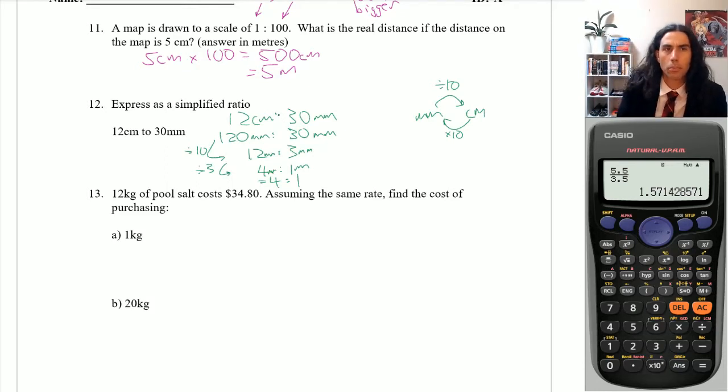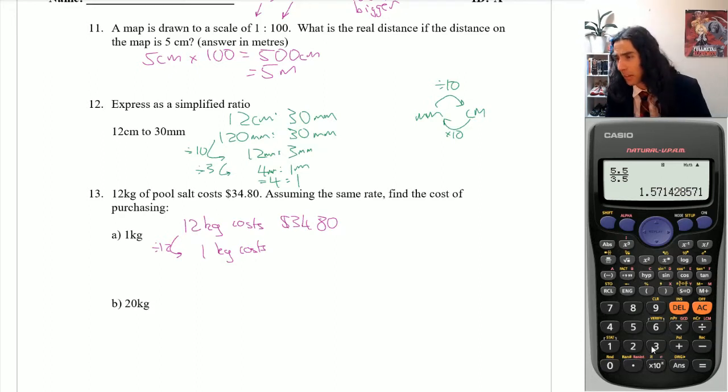12 kilograms of pool salt. Cost of 1 kilo. Nice. Okay, they set it up nicely for us. 12 kilo costs $34.80. Divide by 12. 1 kilo costs $34.80 divided by 12. It's going to be $2.90.